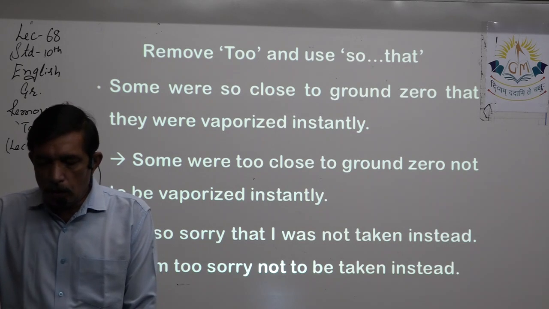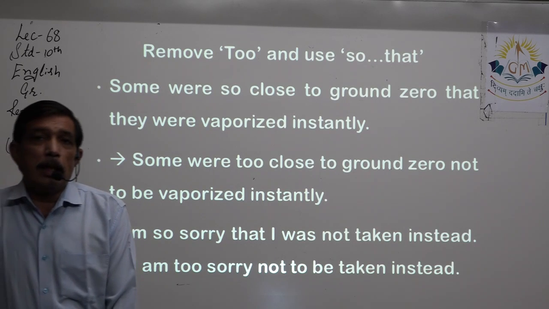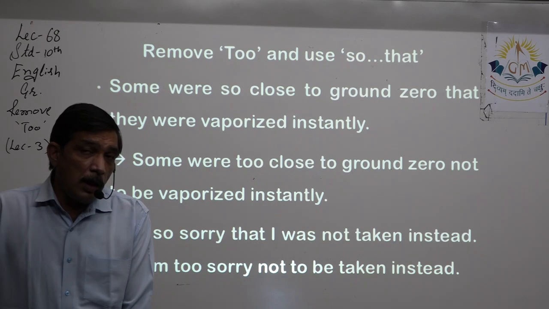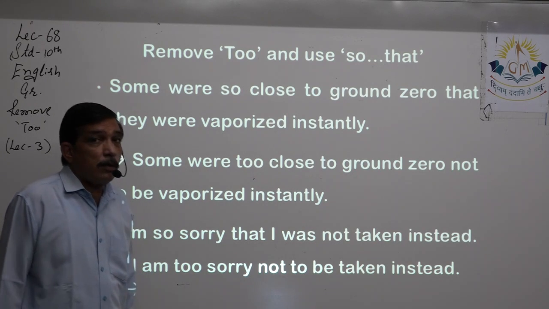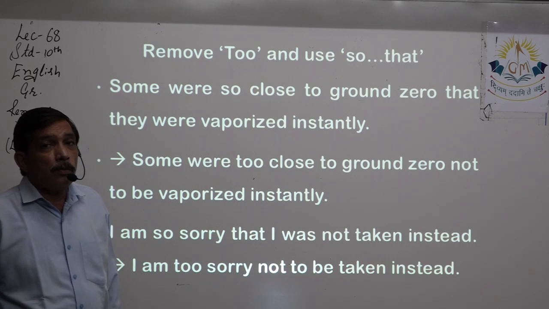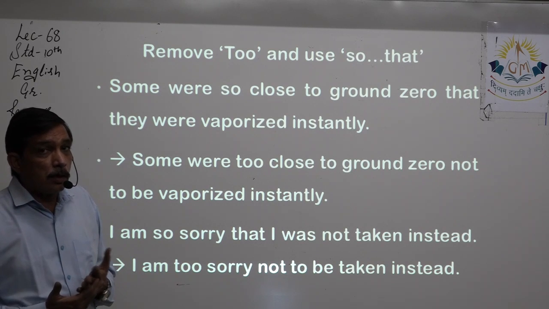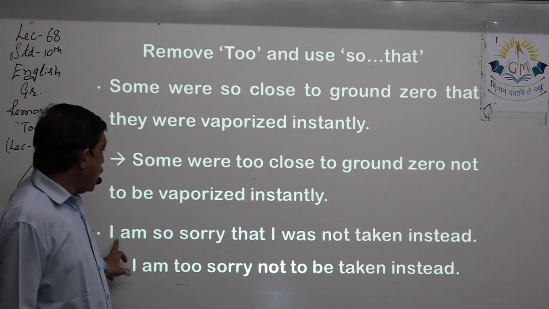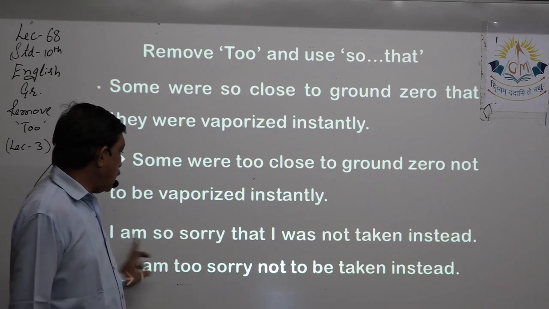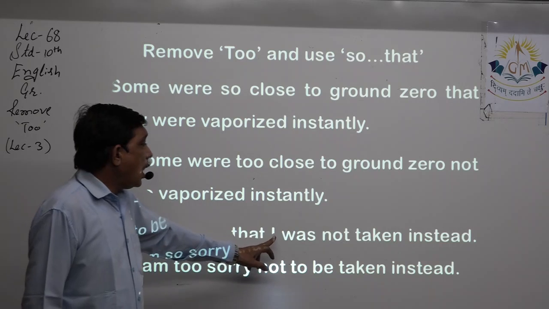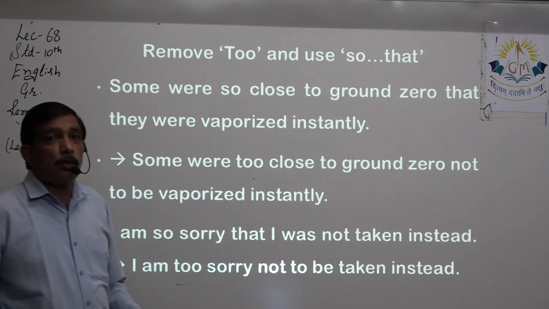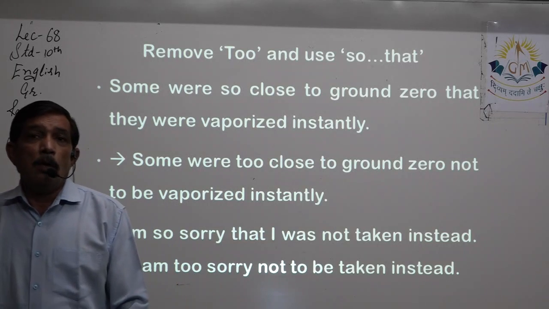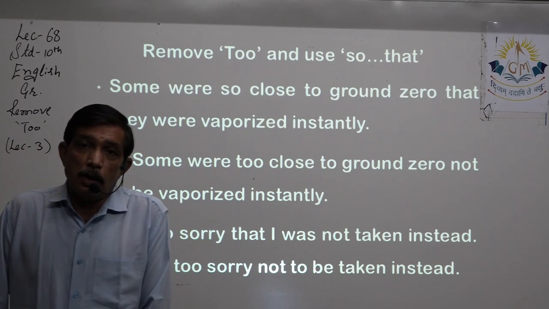So here "too" will also be there and negation will also remain in order to keep the sentence intact, because we do not have anything with which we can make an antonym. Yes, you see, I am so sorry that. I am too sorry I was not taken instead. To be taken instead. Now you do not have a single word where you can make an antonym, right?